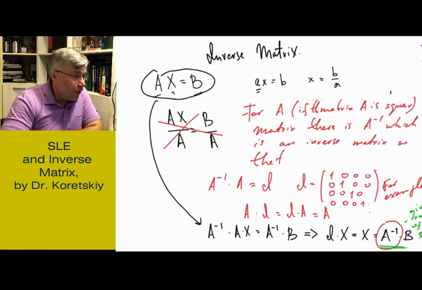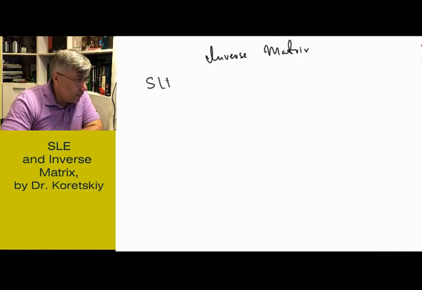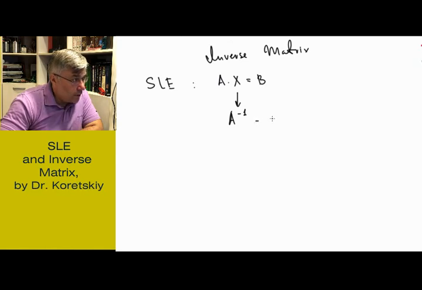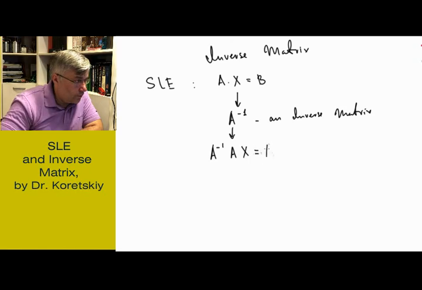So the bottom line here: if you have a system of linear equations, A times x equals b, the next step is to calculate the inverse matrix and multiply both sides of the system of linear equations by it.